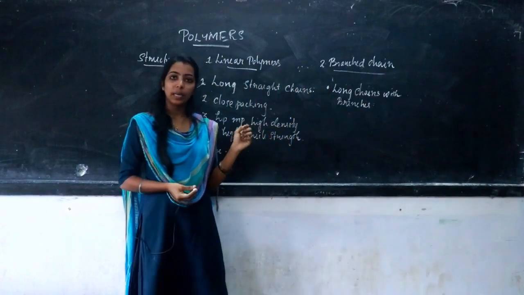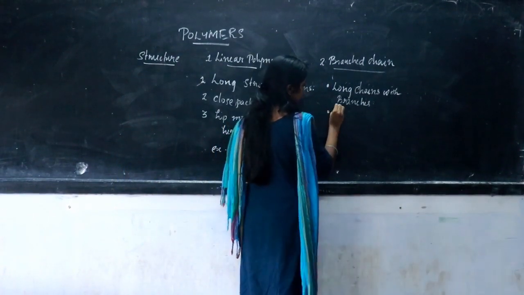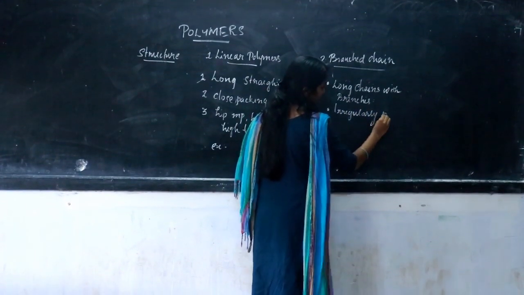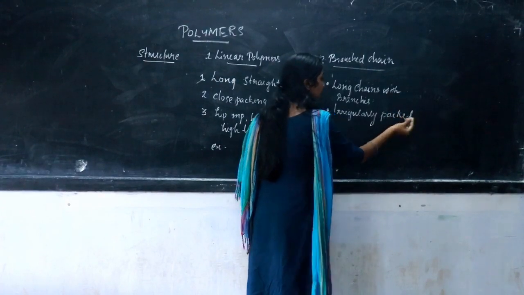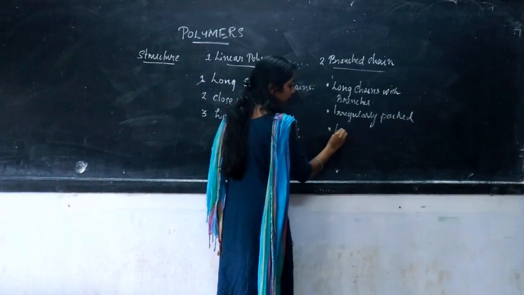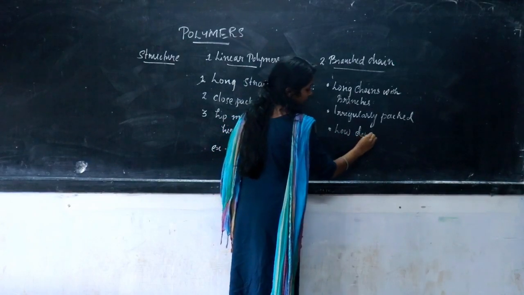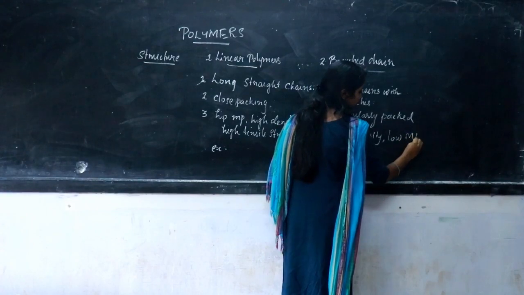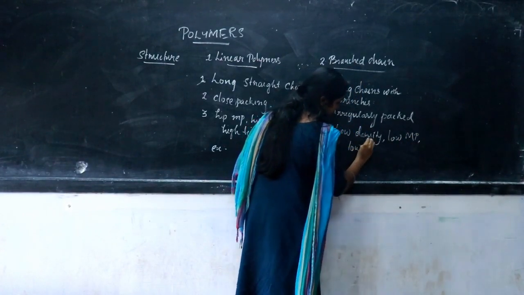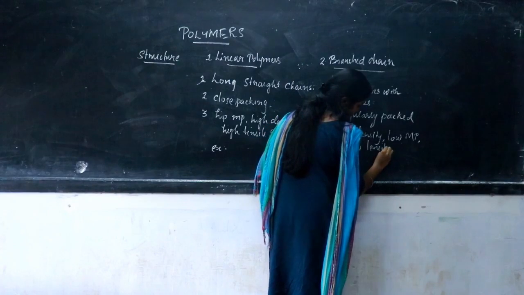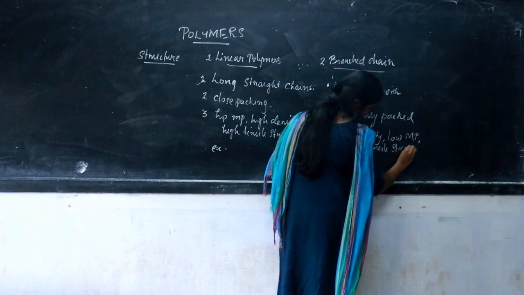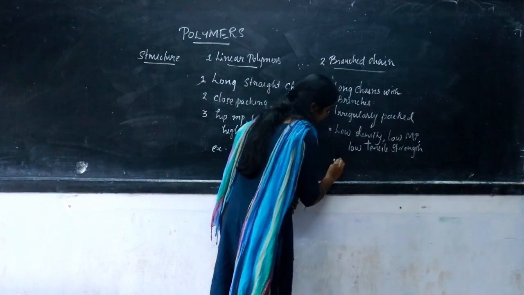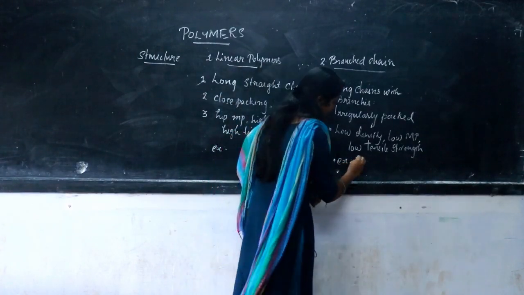They are irregularly packed, and because of their irregular packing, they have low density, low melting point, and low tensile strength. Example, nylons.